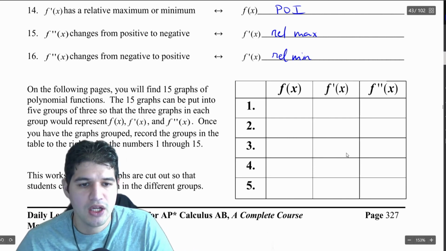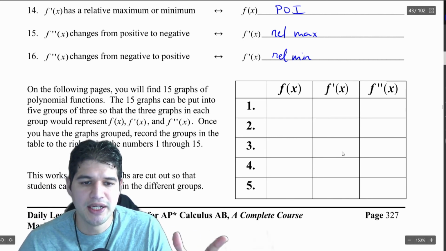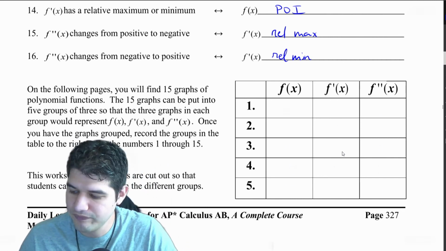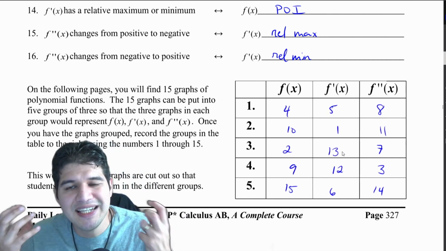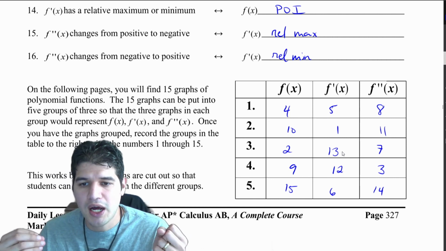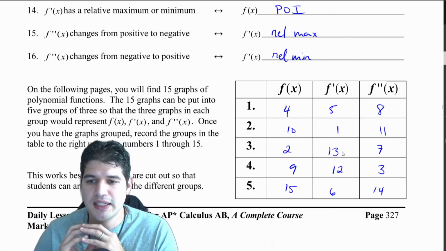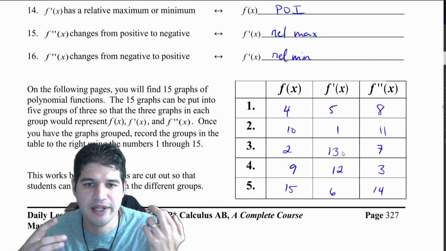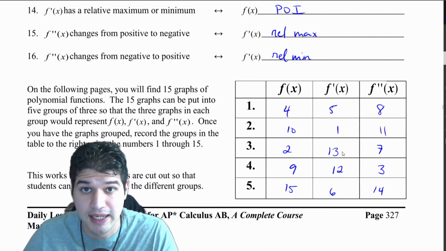What you're going to want to do is try to make connections between f prime and f double prime. There are plenty of these out there, but here I've put the answers. Again, don't look at the answers yet, just try to match up the cards as well as you can and then come back and check these answers, okay?